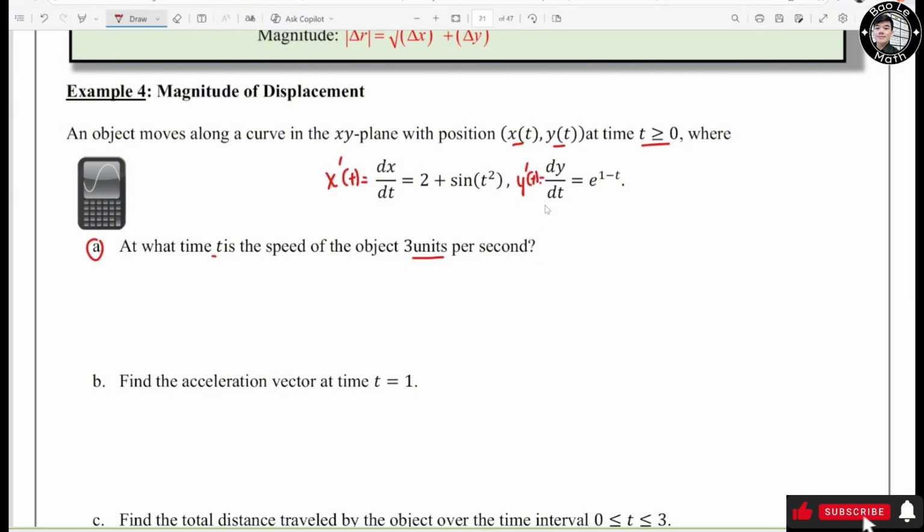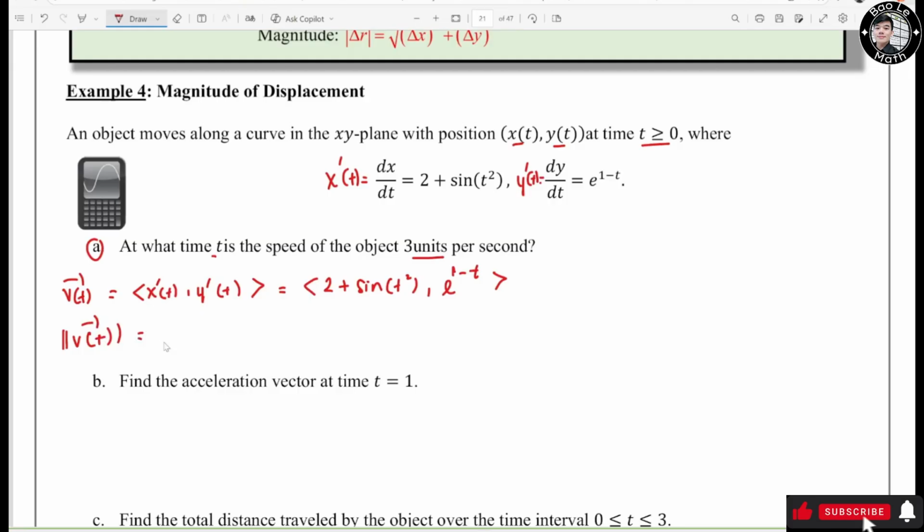Alright, you have the velocity vector. It's going to be s prime of t, y prime of t, right? And it's going to be 2 plus sine of t squared, e to the 1 minus t. So the speed is going to be the magnitude of the velocity vector, right?